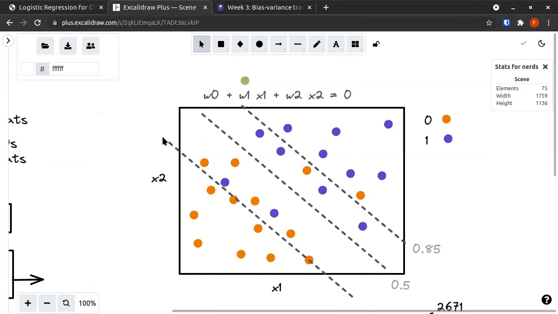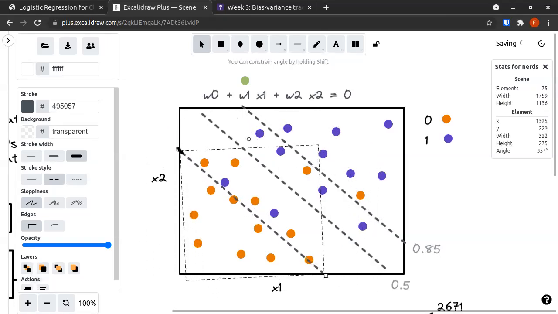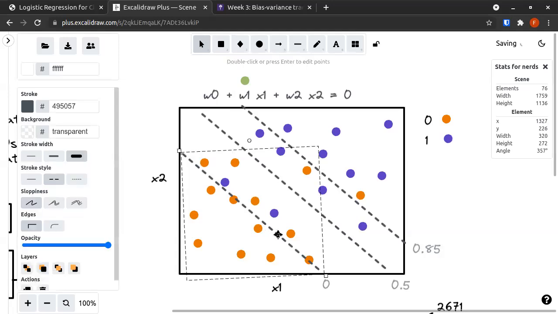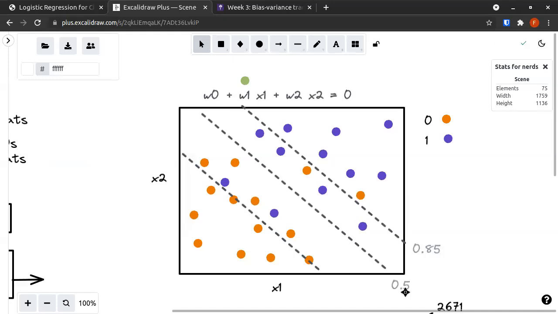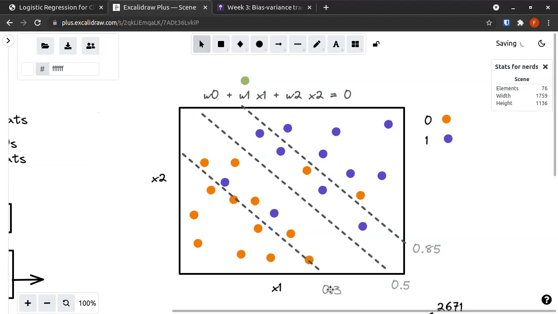So if a point is above this line, you might have, let's say, a lower confidence that it belongs to the positive class. So you produce different thresholds for different confidence levels. And the one you select depends on your particular application.